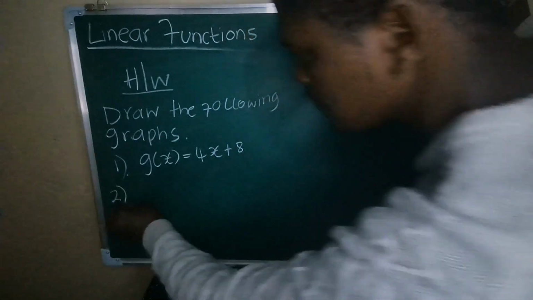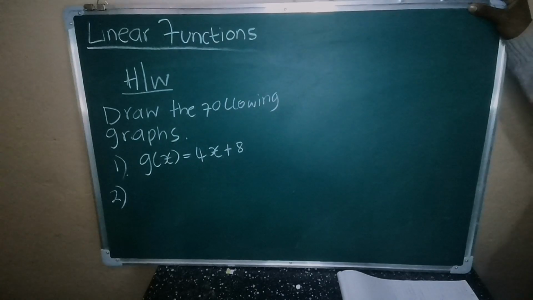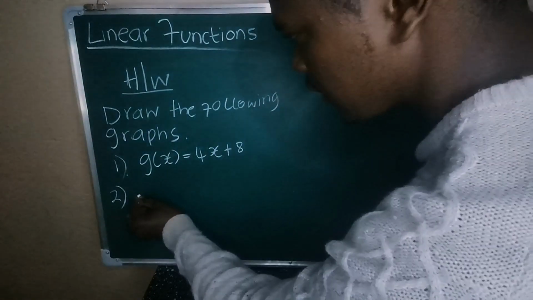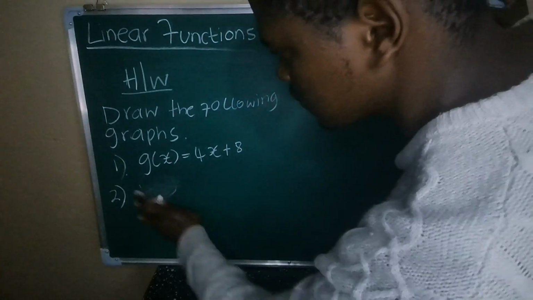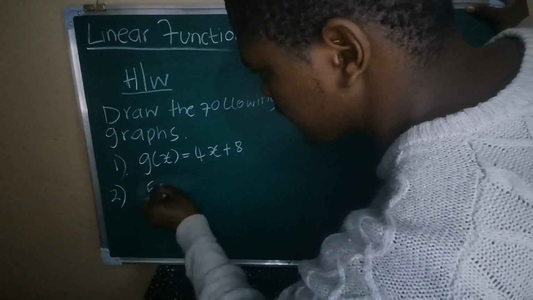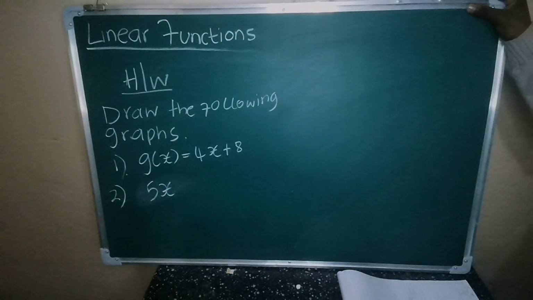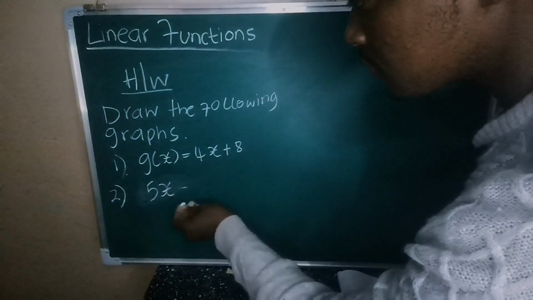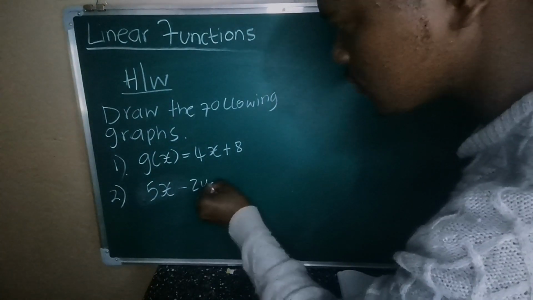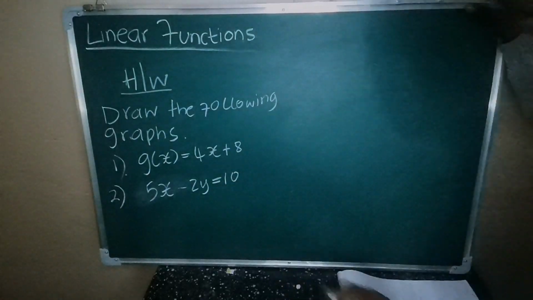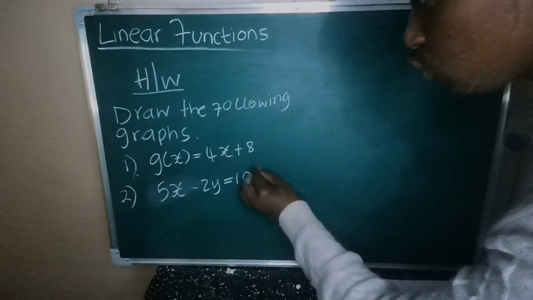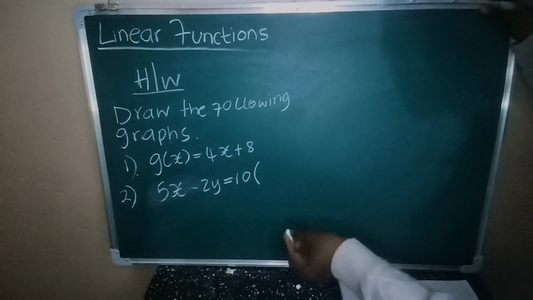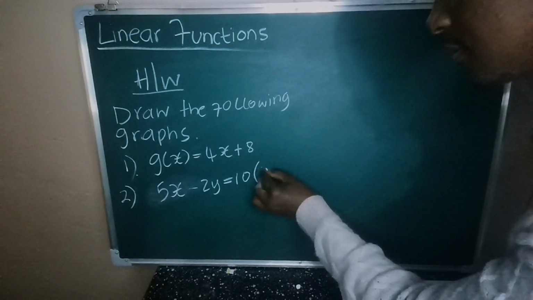Number 2, 5x minus 2y is equals to 10. So now for this I ask you to draw this graph using the intercepts.